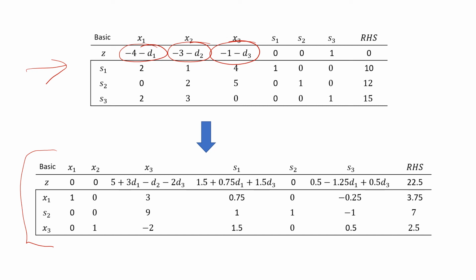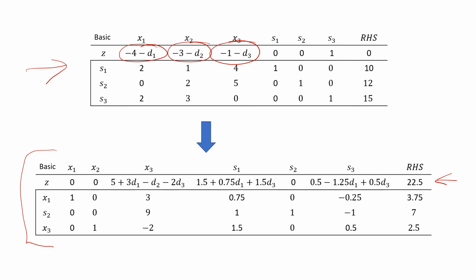Well, remember what had to happen for a terminal tableau. We were finished with our iterations when all of the numbers across the top are positive. So we're saying we can adjust these things and not change our tableau.